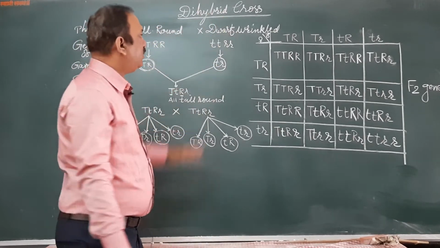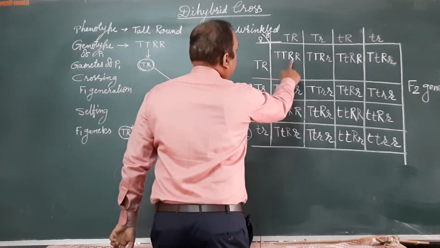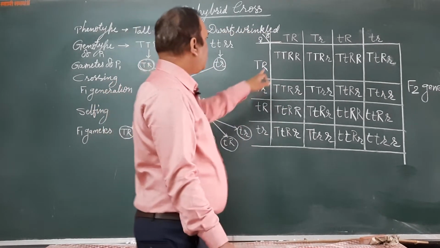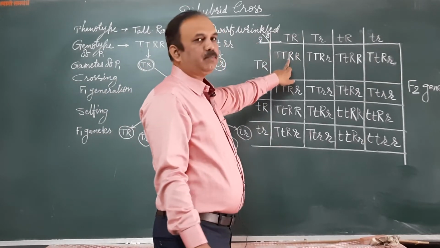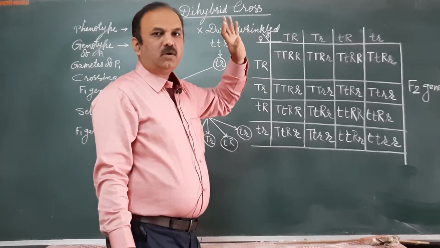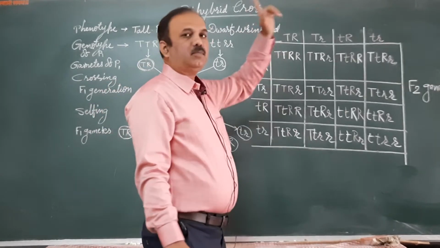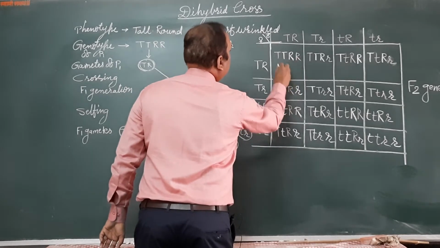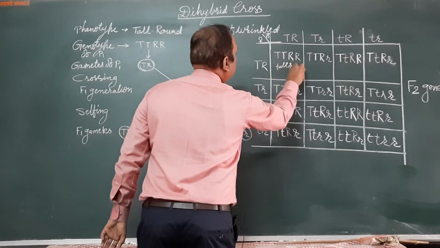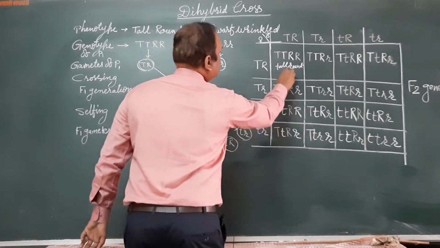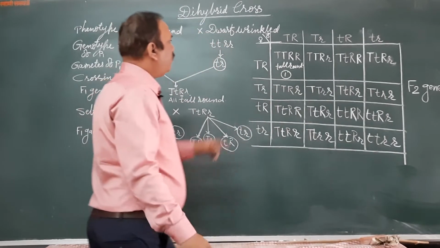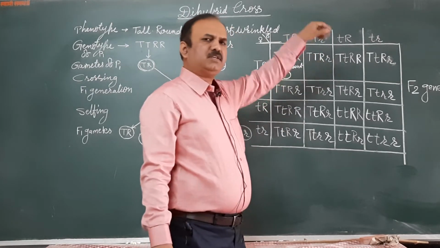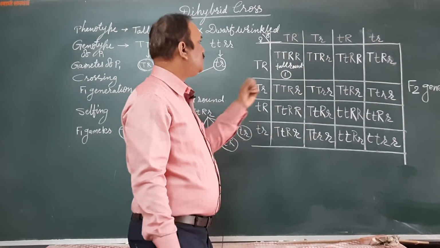When capital T and capital R are present, even in single number, one capital T and one capital R is the minimum requirement, so it is definitely dominant. This will be tall round. Whenever you get one capital T and one capital R, it is definitely a tall round plant because it is the dominant character.